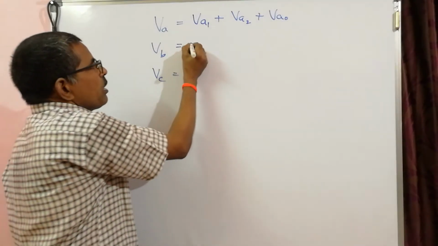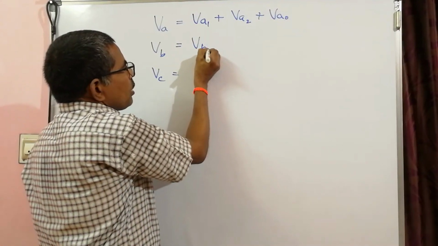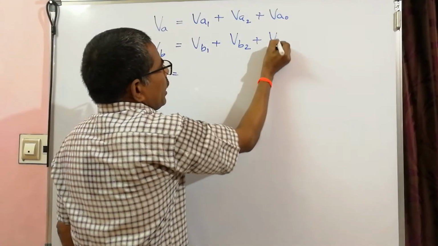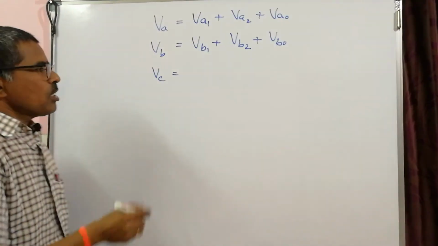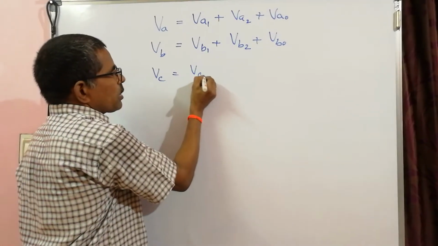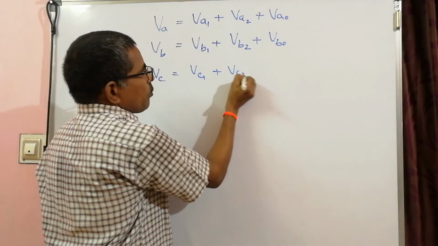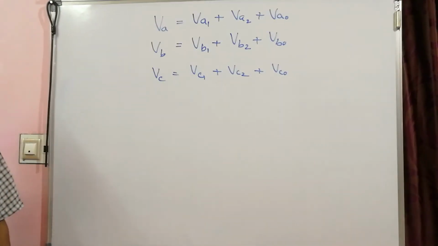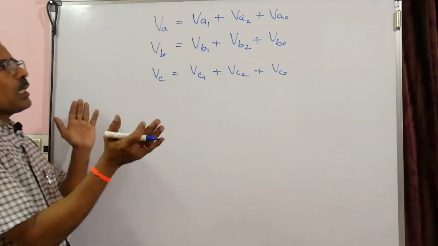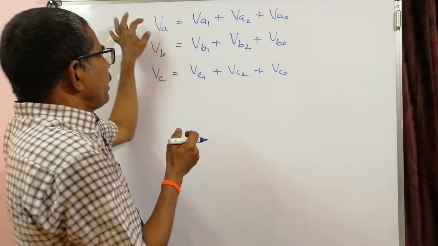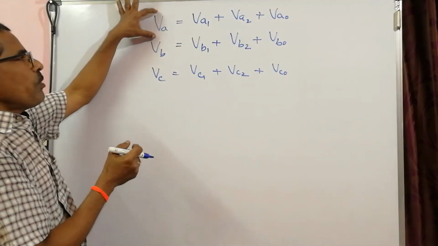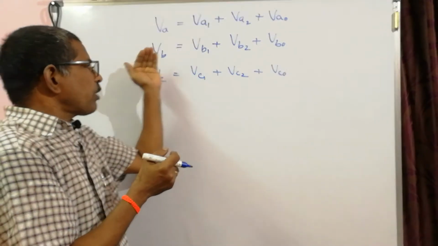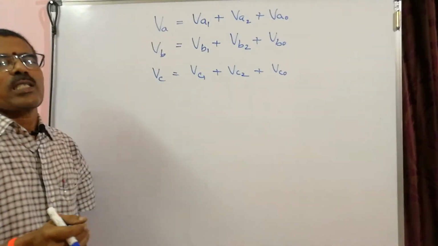Likewise VB, we are resolving this into its positive sequence, negative sequence and zero sequence. VC is the combination of VC1, VC2, VC0. Okay. So, we know pretty well that VA can be resolved into three components, likewise VB, likewise VC.